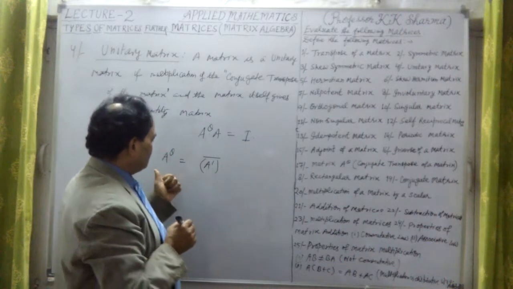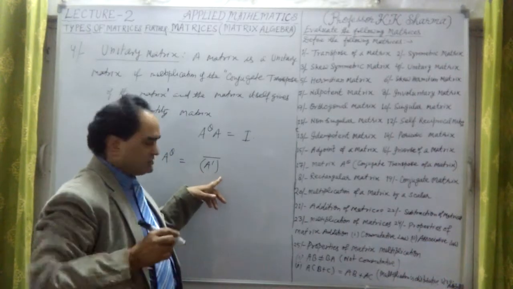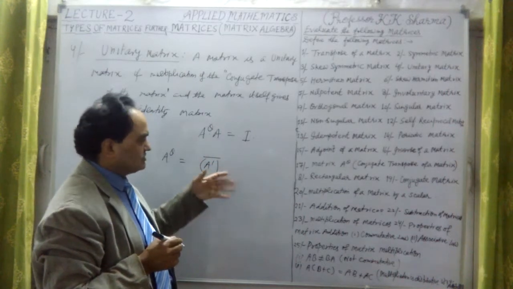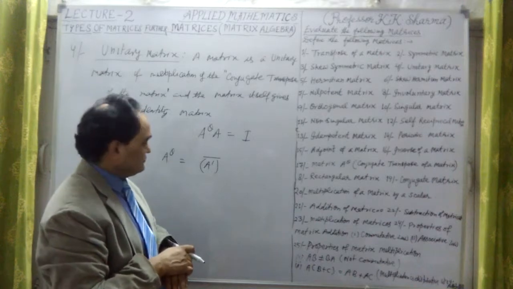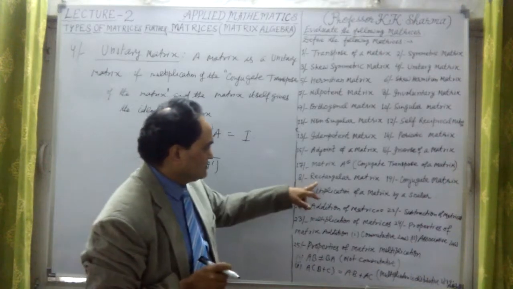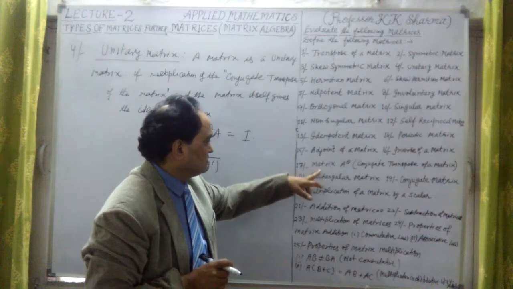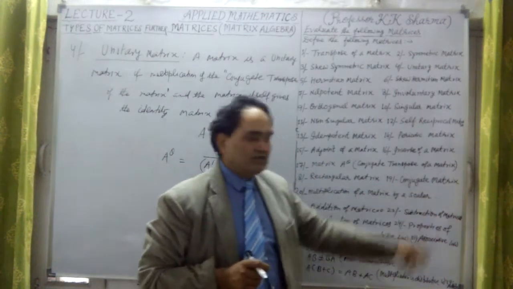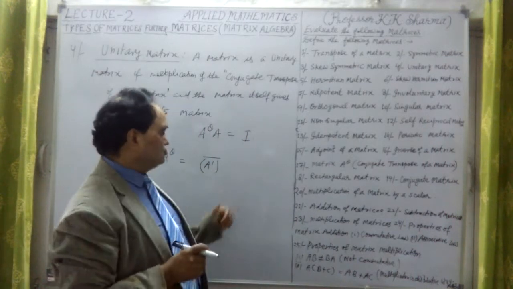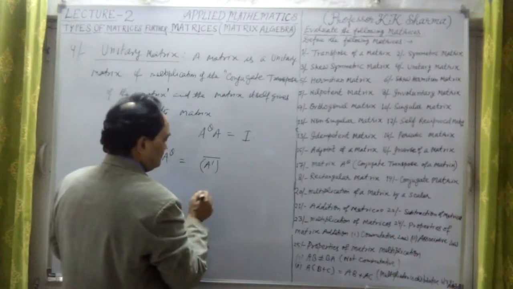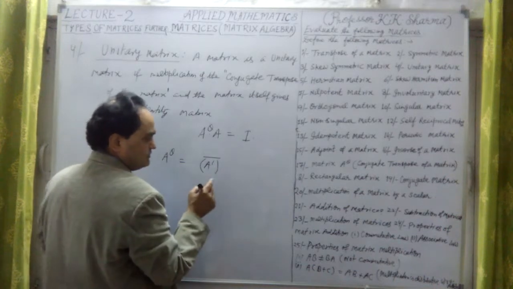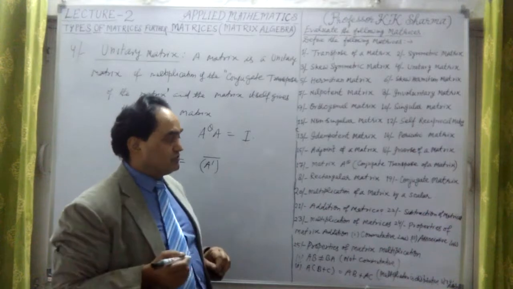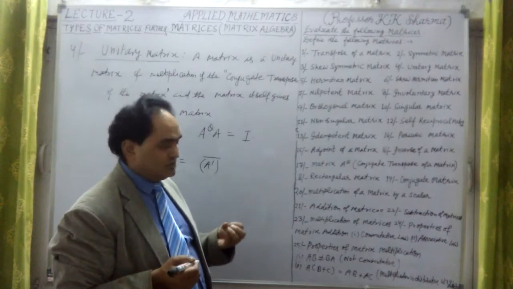So I find the transpose of the matrix and then its conjugate. I've just defined what the conjugate of a matrix is.